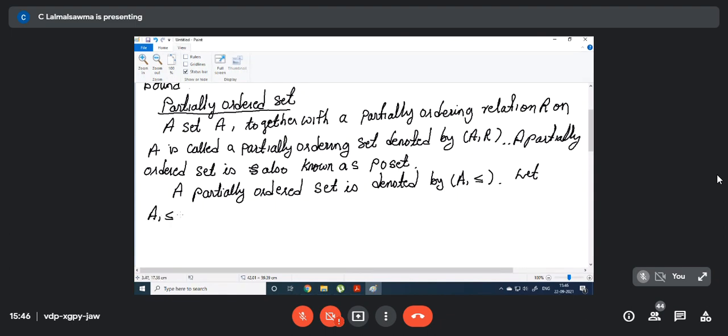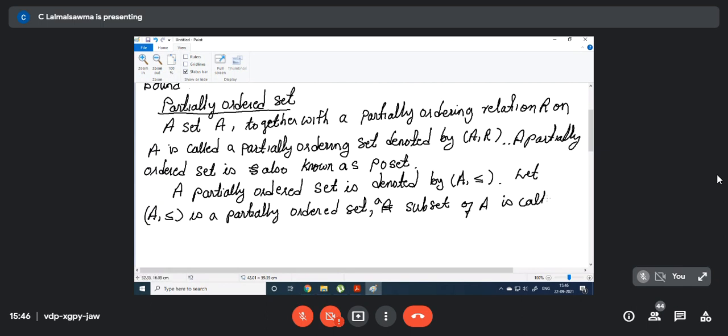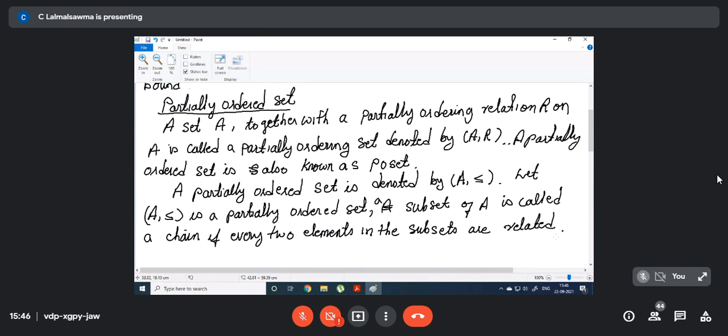Let A be a partially ordered set. A subset of A is called a chain if every two elements in the subset are related. Okay, this is the definition.